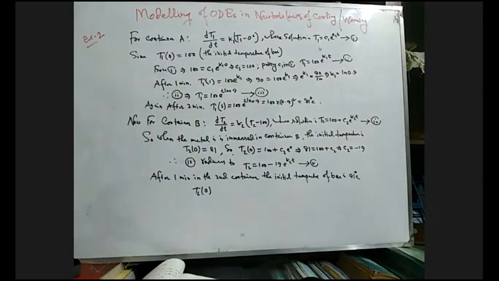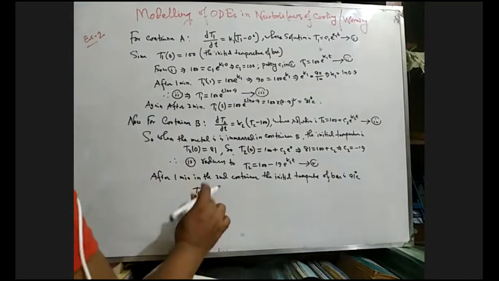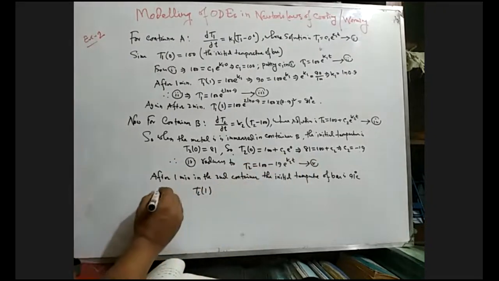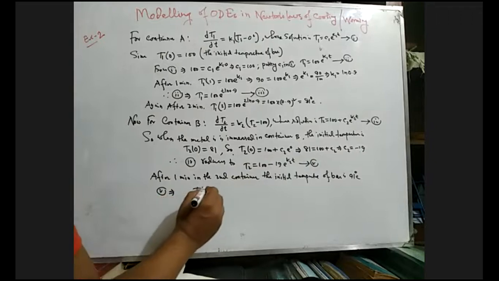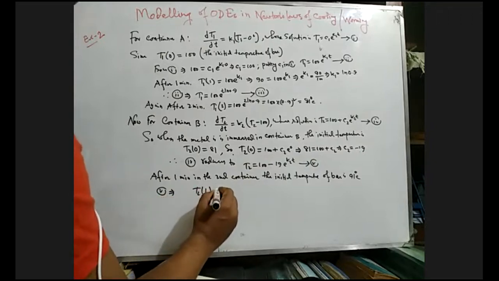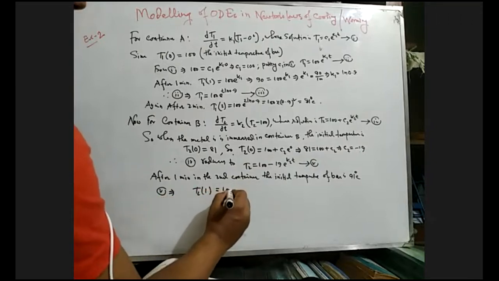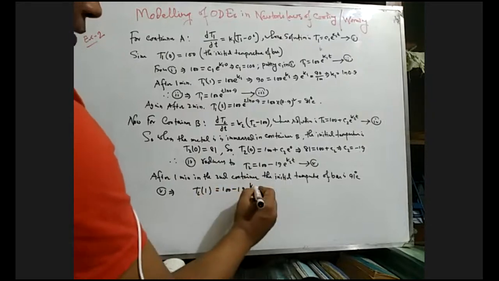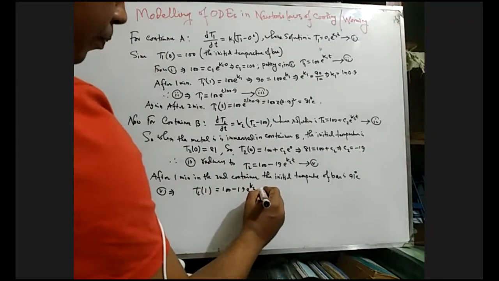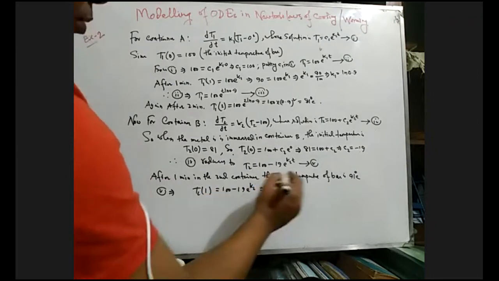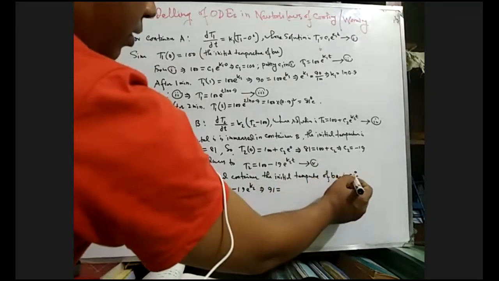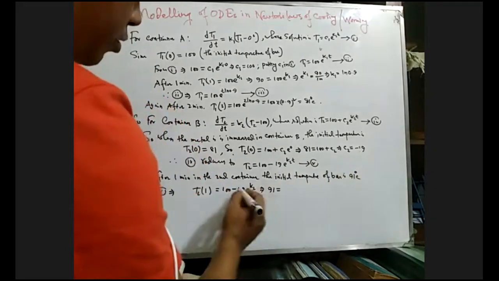Then from equation 5, after 1 minute, T2 equals 100 minus 19 e to the power k2, which equals 91, because after 1 minute the bar temperature was 91.